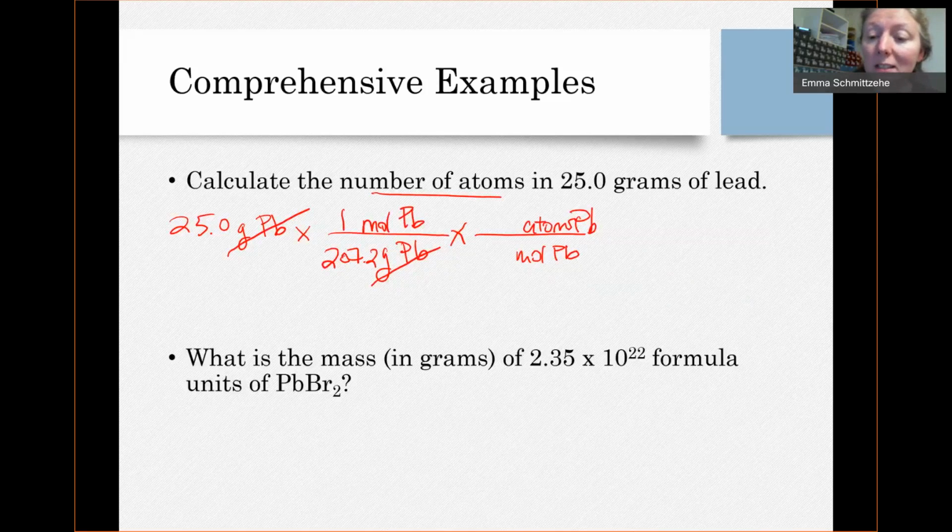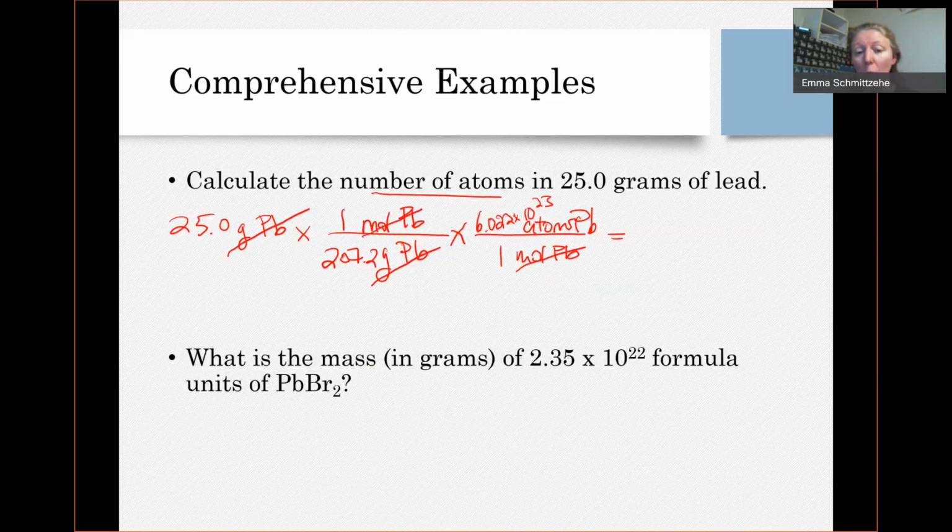So there are 6.022 times 10 to the 23rd atoms of lead in 1 mole of lead. Okay, so then I can cancel my moles.